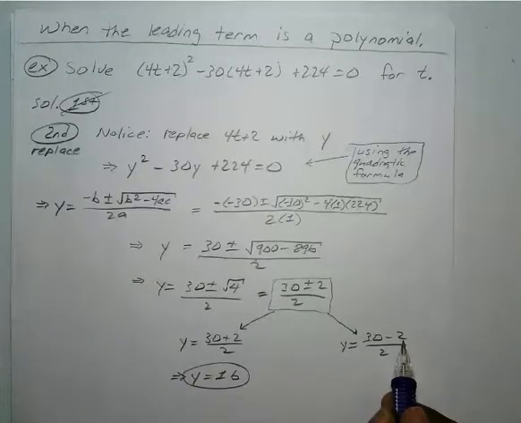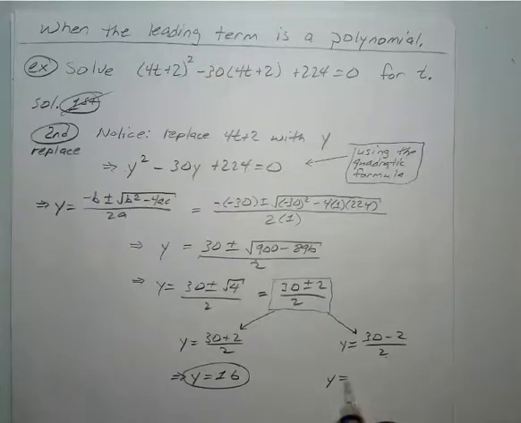And 30 minus 2 is 28, divided by 2 is 14, so y can also equal 14.